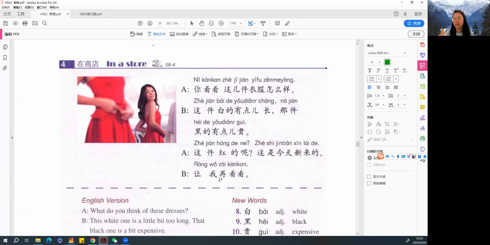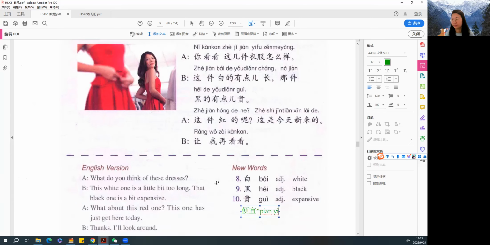Let me take a look. I will look around. But there's nothing here. Then B should say 谢谢. So look at the translation. It's so fun. I always find it fun in this textbook.